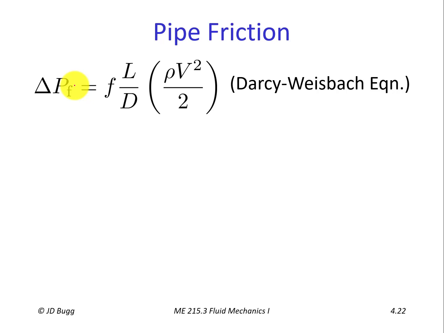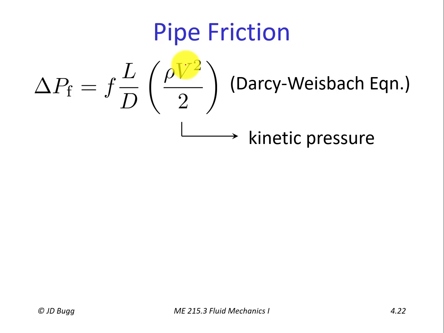The very first thing we see there in parentheses is our rho v squared over 2 term, so the kinetic pressure term. Realize this velocity is the average velocity in the pipe, because if we go inside of the pipe and measure the velocity in detail, it's going to be higher at the center line, then fall off near the walls, but for most flows it's actually quite uniform.